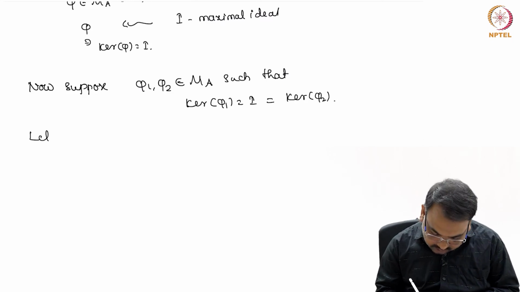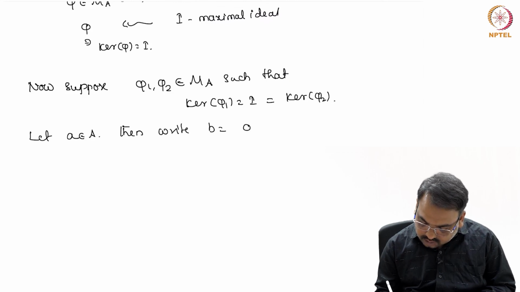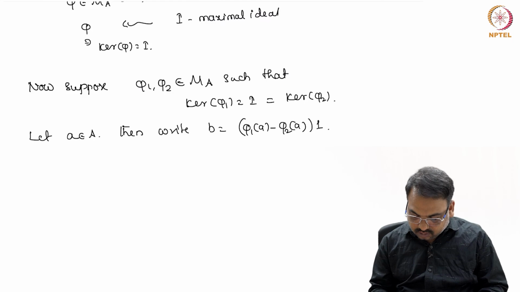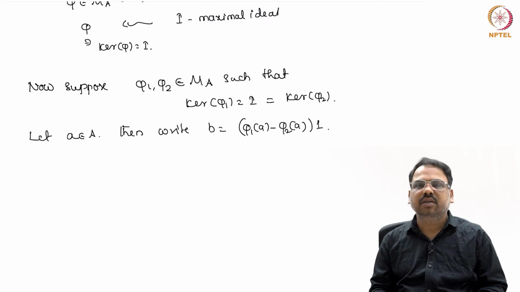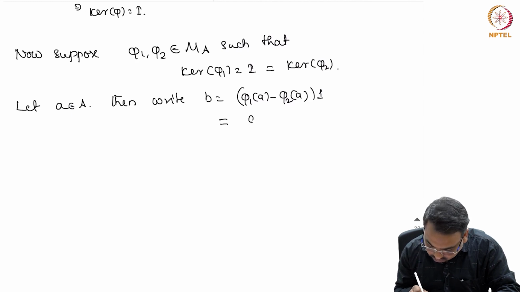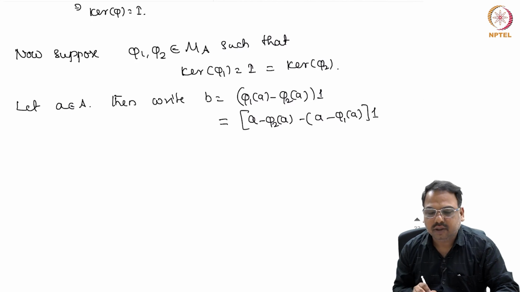So for that let us take a in A. Then we can write b as phi 1 of a minus phi 2 of a multiplied by 1. So this can be written as a minus phi 2 of a, minus a minus phi 1 of a, multiplied by the element 1.